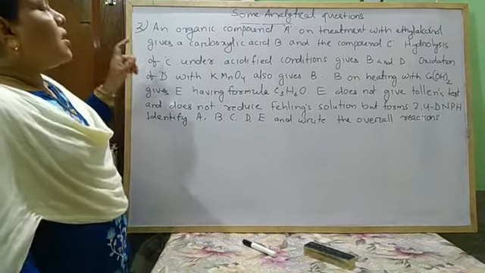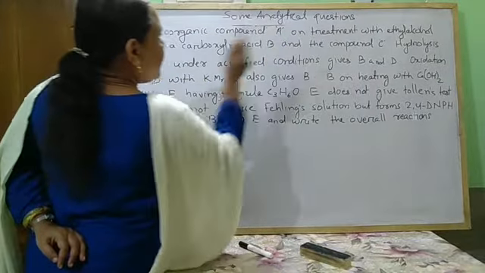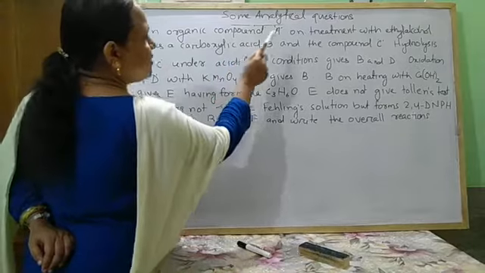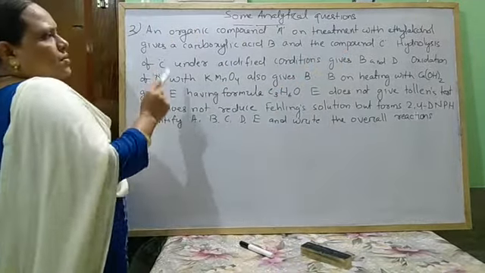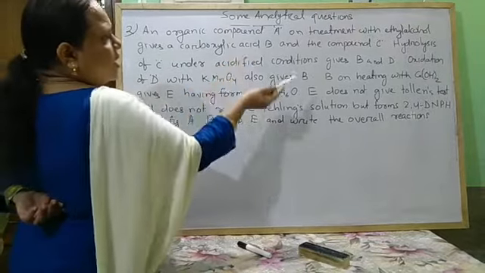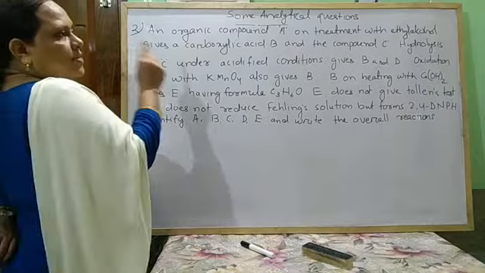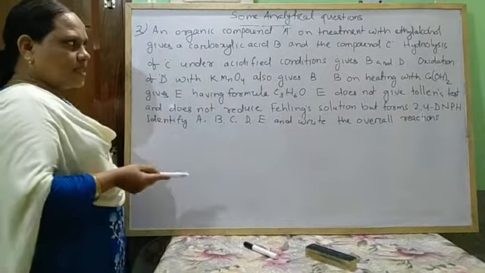Look here. An organic compound A on treatment with ethyl alcohol gives carboxylic acid B and the compound C. So organic compound reacts with ethyl alcohol. You know, if that is an acid, when it reacts with alcohol, it forms ester.